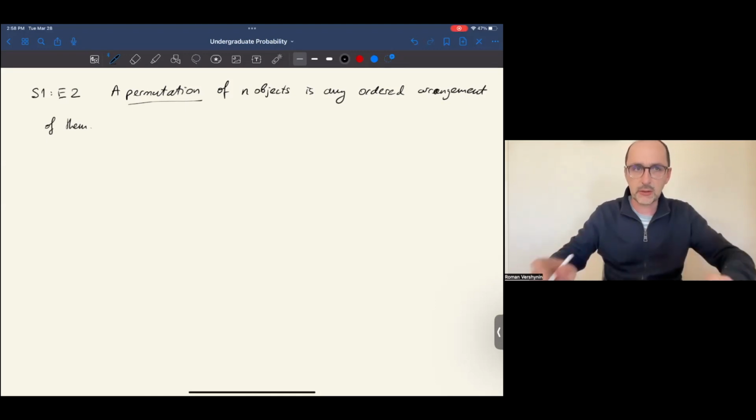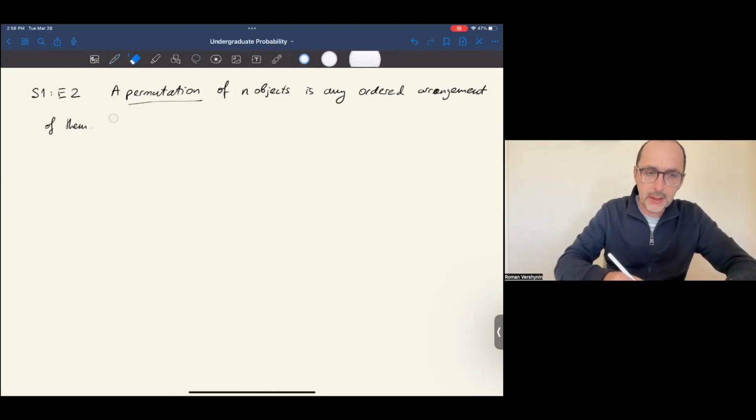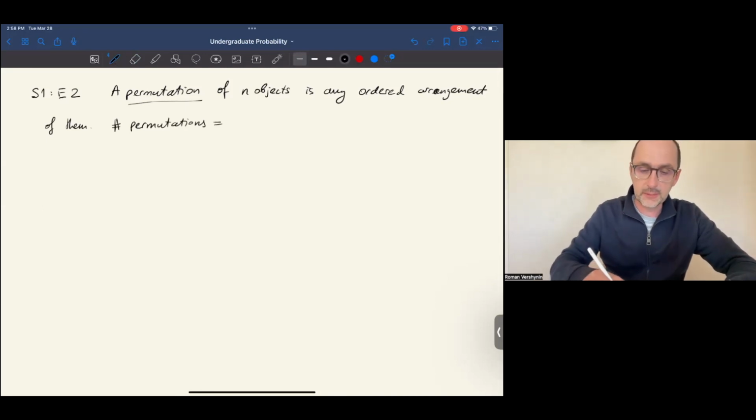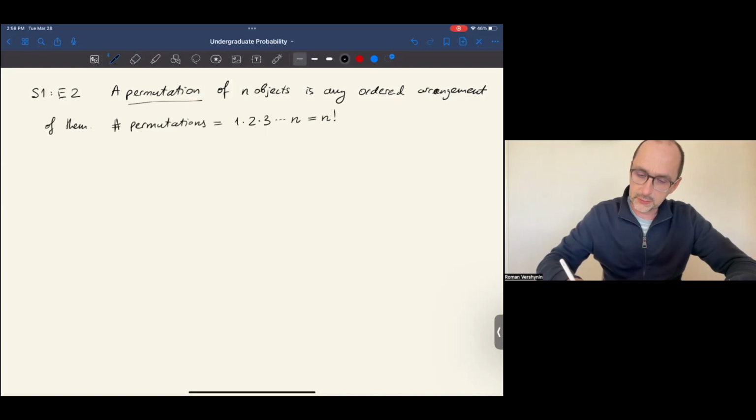Any such arrangement is called a permutation, and the number of all permutations, as we computed during that episode, is 1 times 2 times 3, etc., up to n, the product of all numbers between 1 and n. That's denoted by n with an exclamation mark, and is called n factorial.